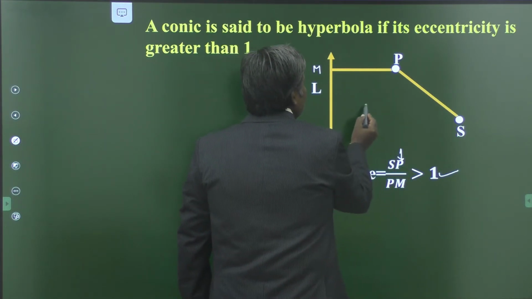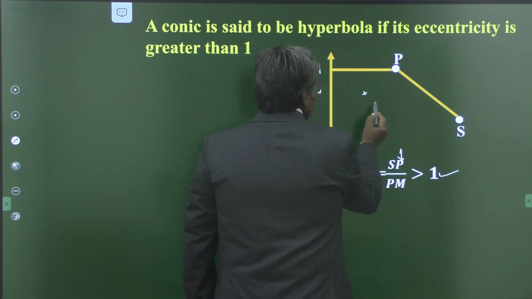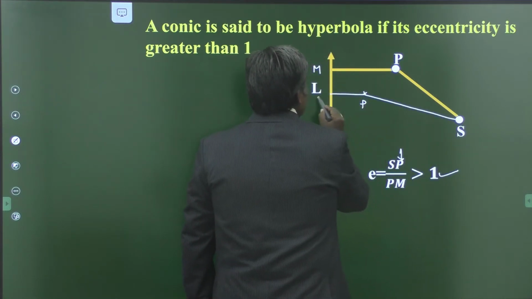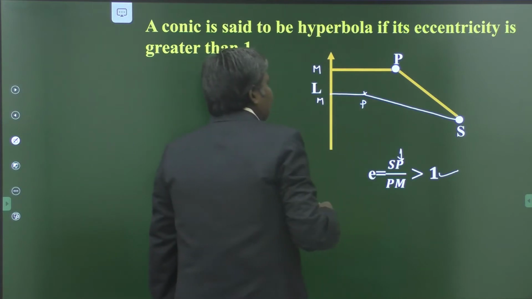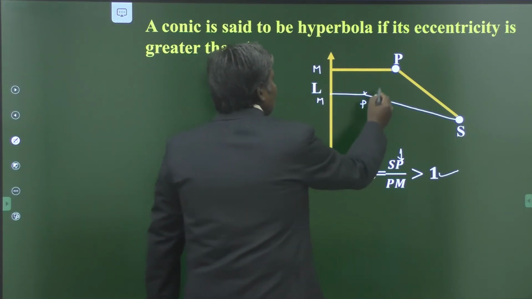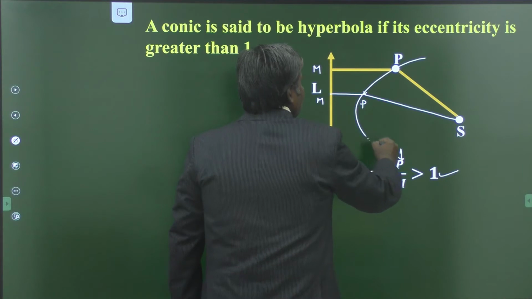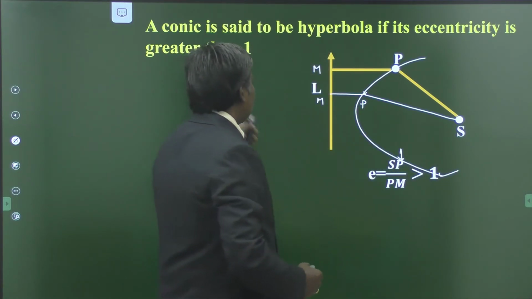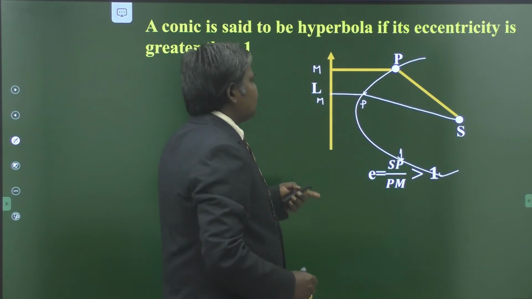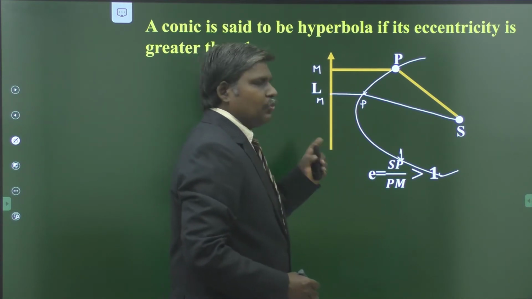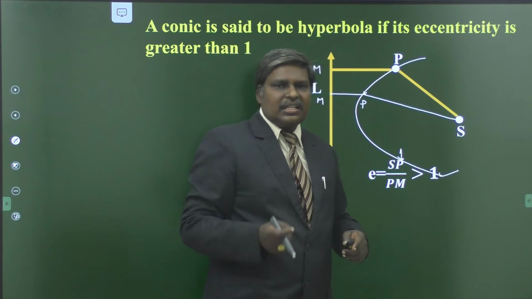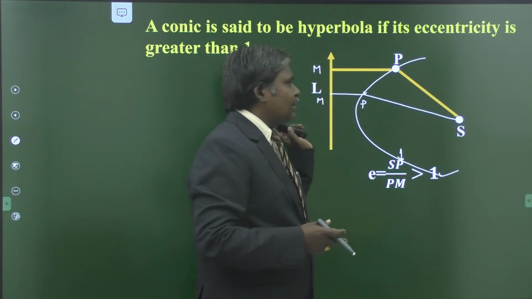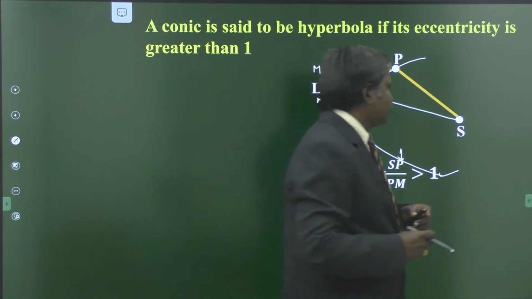So suppose P is here. Now find the distance SP and find the perpendicular distance PM. SP by PM is greater than 1. You collect all such points, you get some locus. That locus is called a hyperbola. Similarly, after getting the standard form, the curve is symmetric about the y-axis also, with another focus and another directrix, as we have seen in the ellipse chapter also.